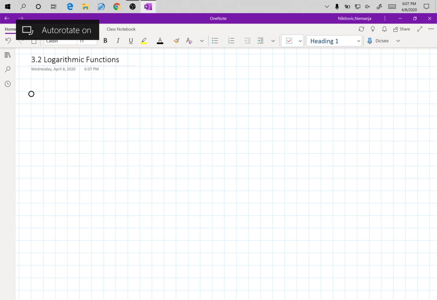This is section 3.2 and we will be talking about logarithmic functions. These are very important functions. They are inverse of exponential functions and they work together.